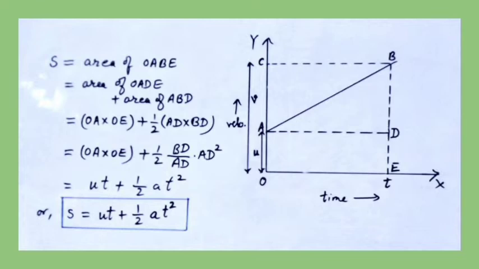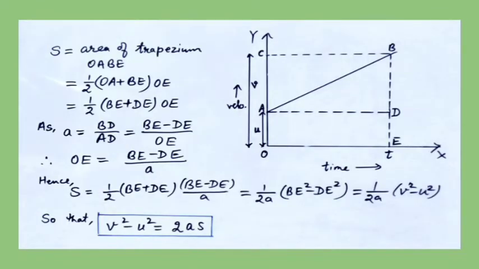Multiplying and dividing the second term by AD, we get the second term as half (BD by AD) into AD square. Finally, the expression becomes s is equal to ut plus half at square. This is the second equation of motion.